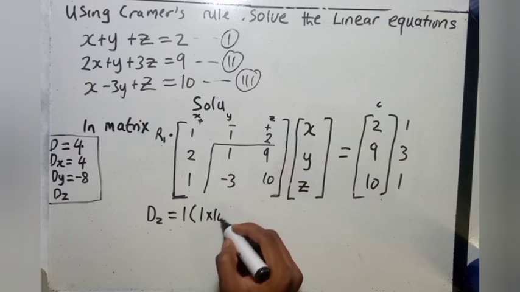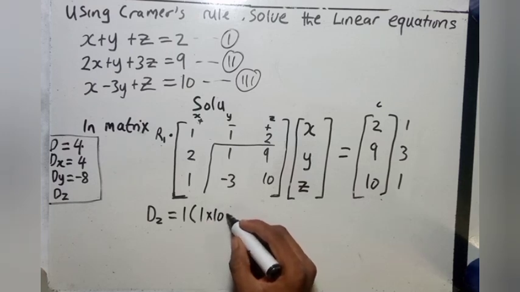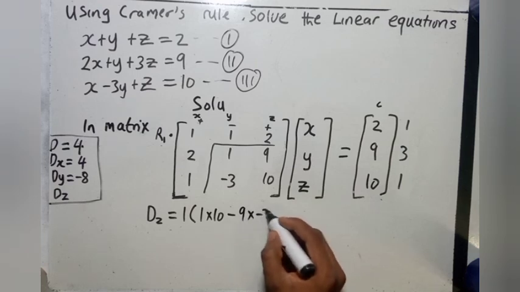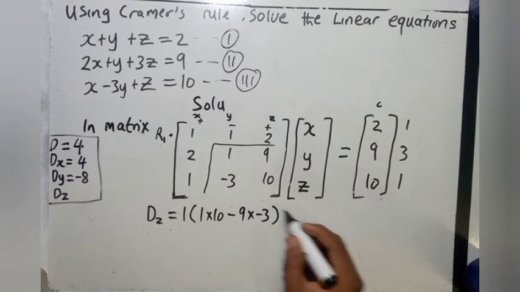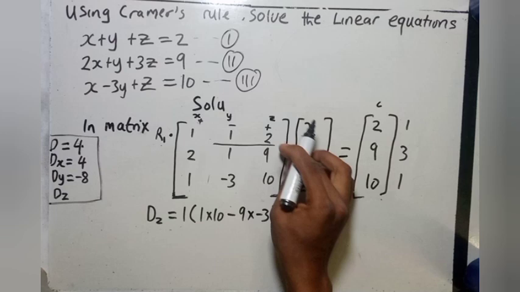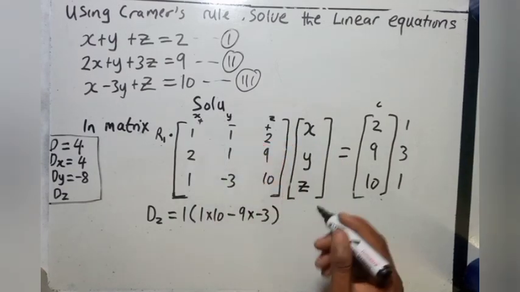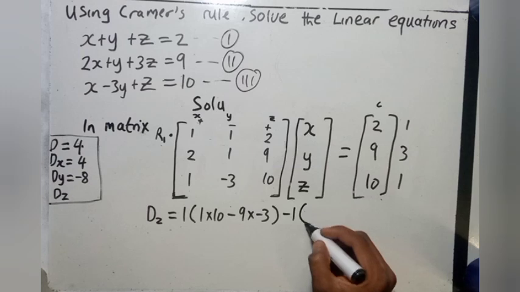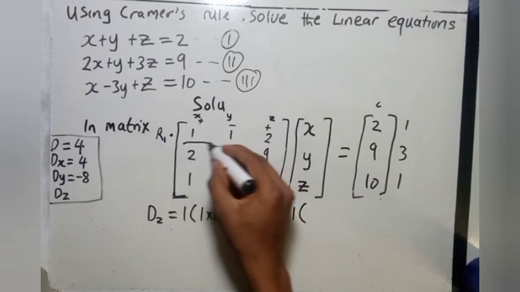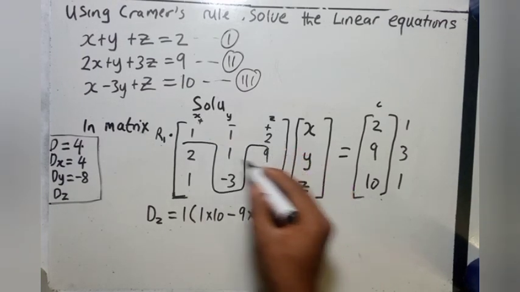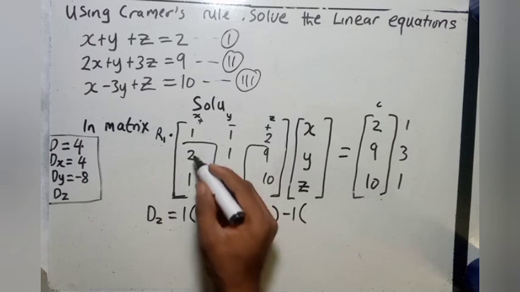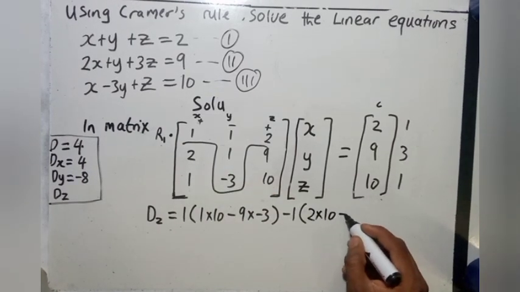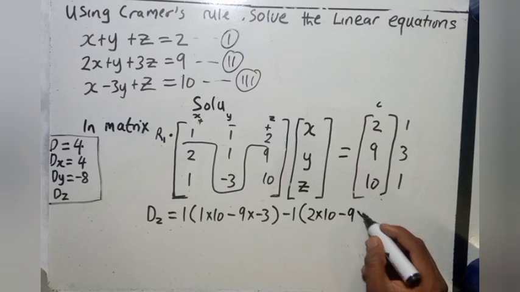1 times 10 minus 9 times minus 3. For the y column, we have that minus 1 is equal to, bracket open, 2 times 10 minus 9 times 1.